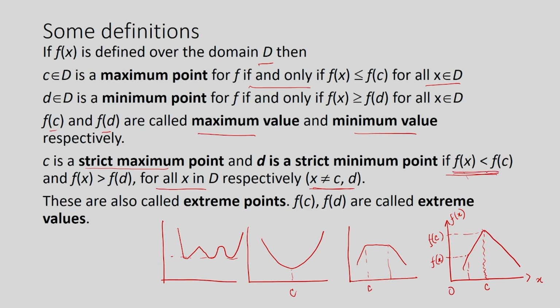So, therefore, for comparison, I need to take x which is not equal to c, and then the strict inequality has to be satisfied. These are also called extreme points. So, in short, if we bunch them together, maximum points and minimum points are called extreme points. Correspondingly, f(c) and f(d) are called extreme values.